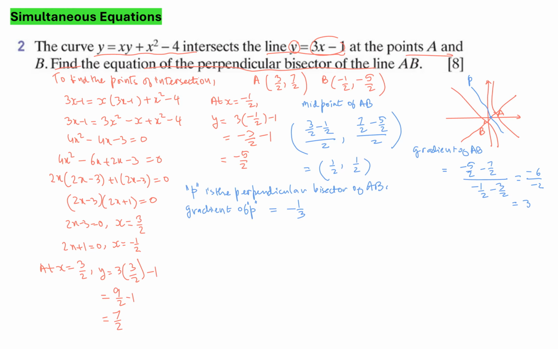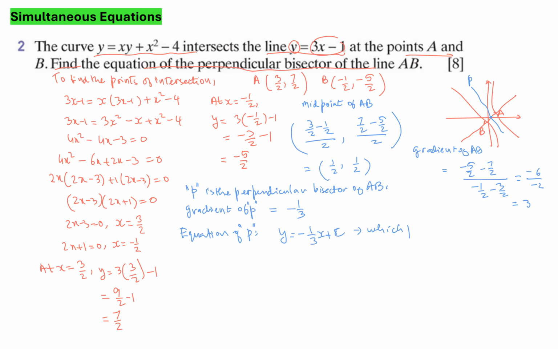And therefore what we can work out is the equation of the line. So the equation of P is y equals minus 1 over 3 x plus c. This line passes through the midpoint, half and half.